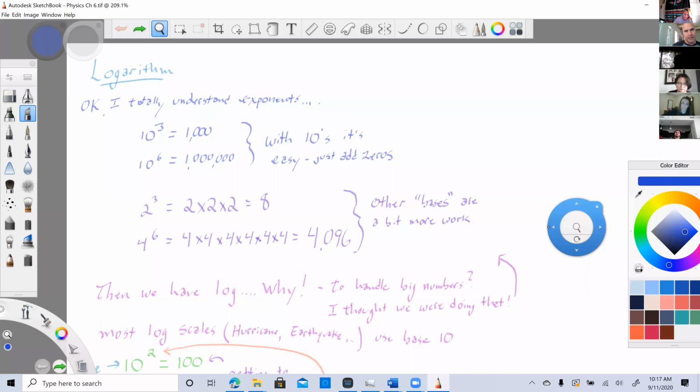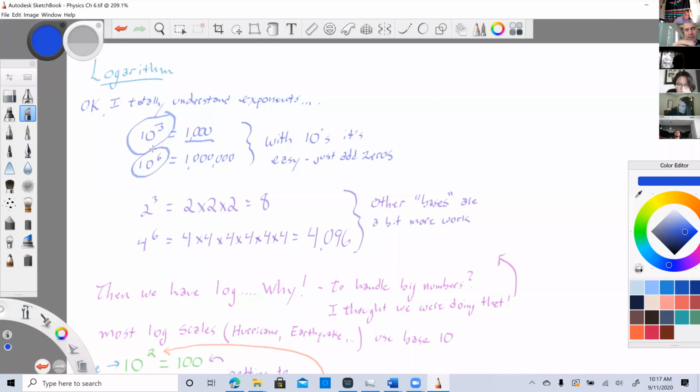So with logarithm, I understand why they have it, but exponents to me are easy enough. And when it comes to tens, it's nice. 10 to the third is 1,000. 10 times 10 times 10 is 1,000. And 10 to the 6 is 1,000,000.